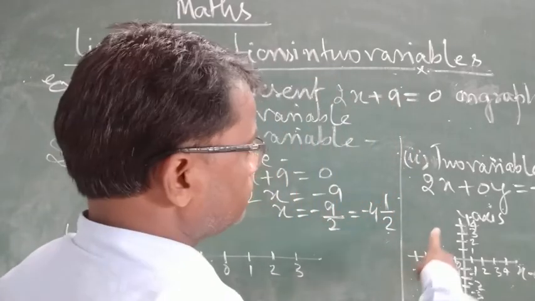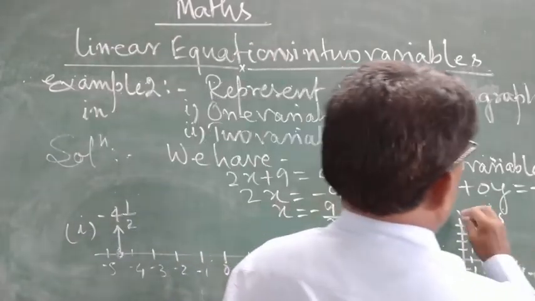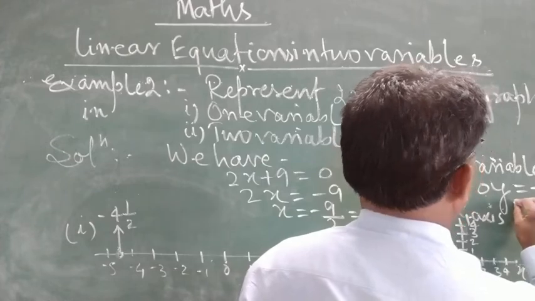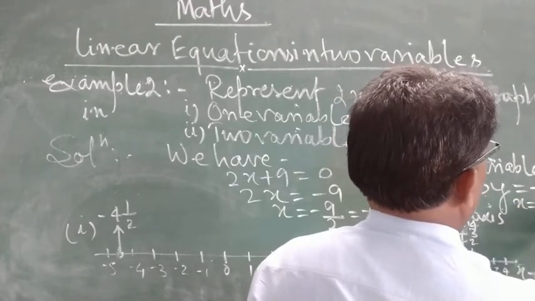Then, when you simplify, here also you get x is equal to minus 9 by 2.